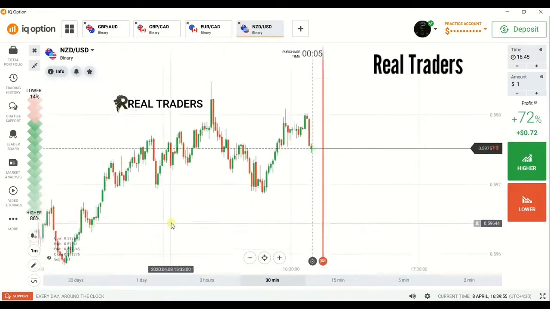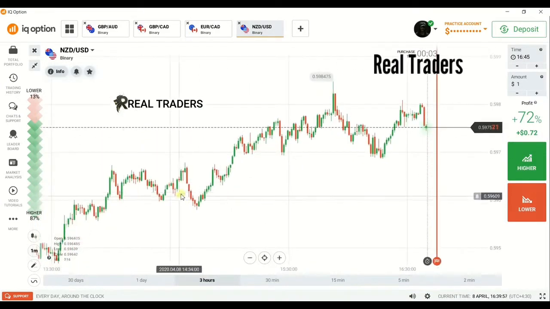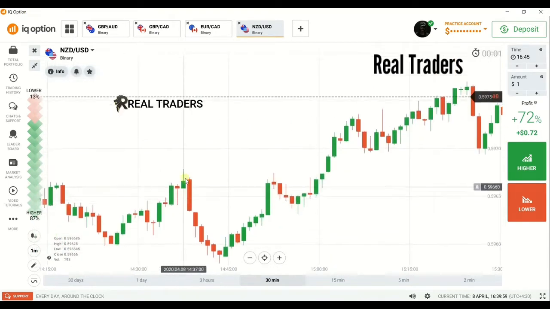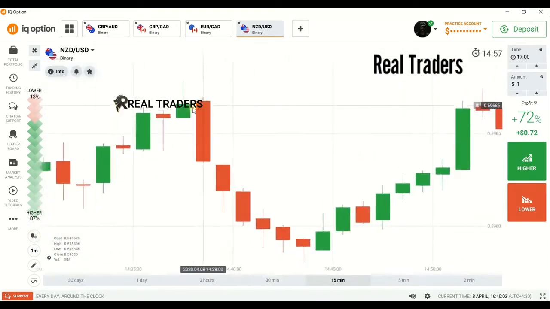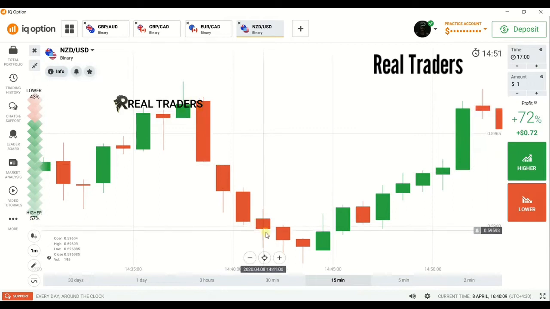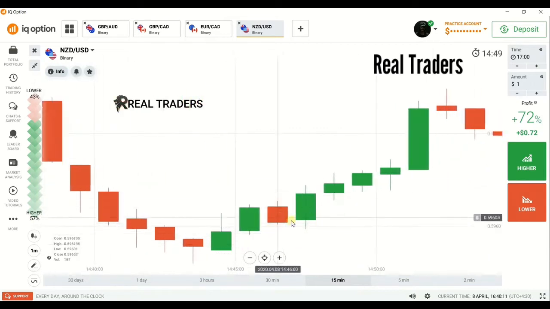But the meaning of the engulfing is like here: the bearish engulfing shows you the sellers now are interested and the sellers want to continue. The bullish engulfing shows you the buyers now are stronger and they will continue.